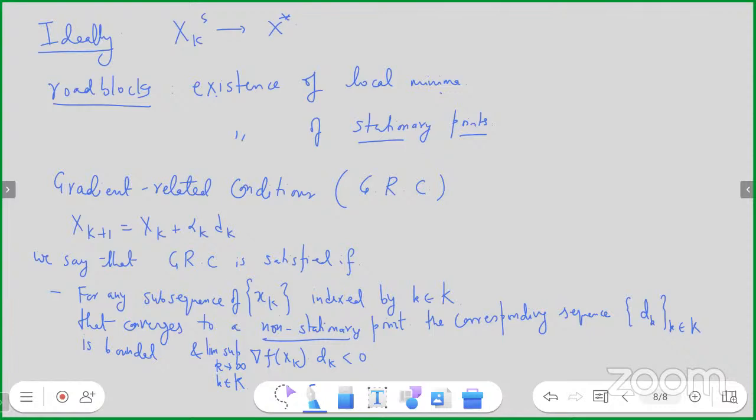So what he's trying to suggest is, if you just look at the steepest descent direction, his claim is that it satisfies GRC. Point is why? The slope of the descent direction is... Sorry?